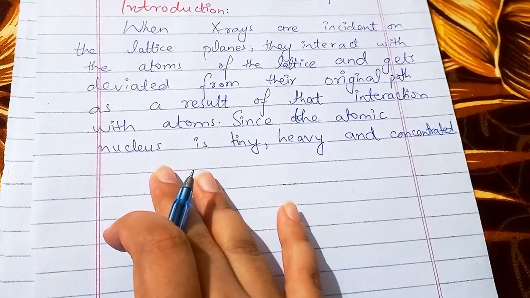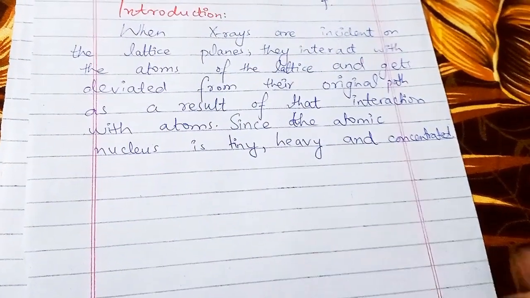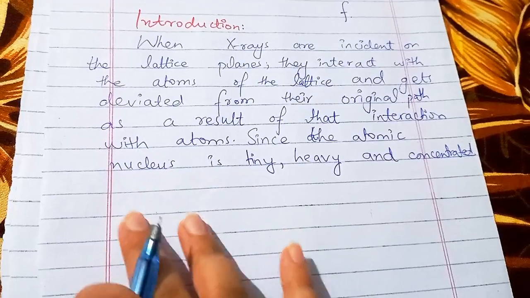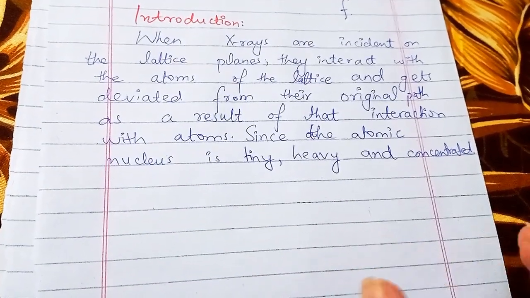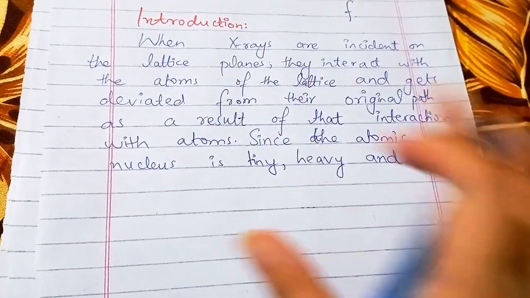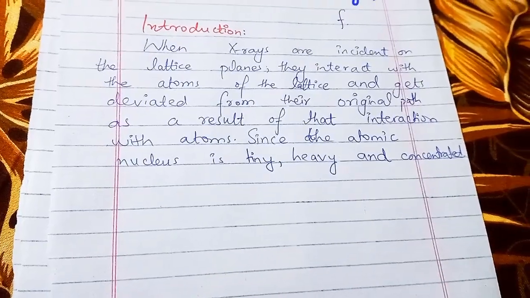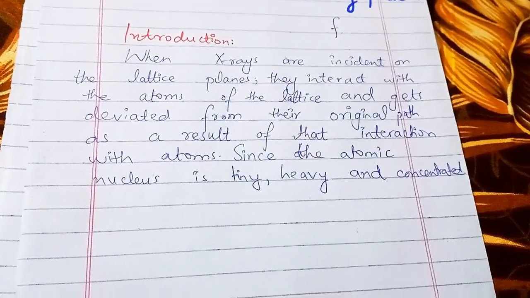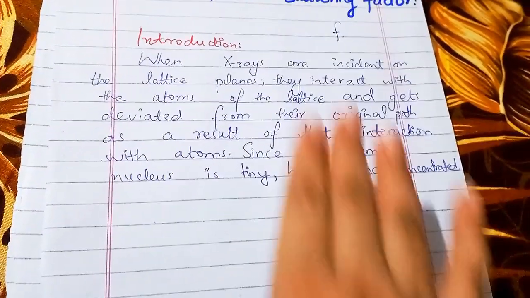So the nucleus doesn't contribute as much to this process, and we can ignore the influence of the atomic nucleus on the X-rays, and hence we can only consider the influence of the electronic clouds on the X-rays.